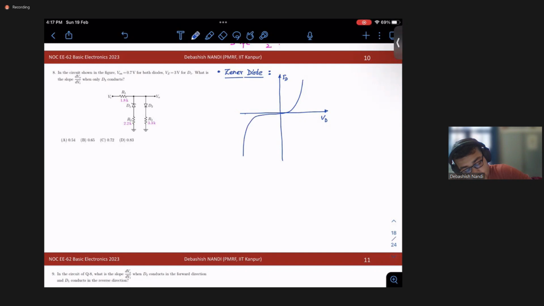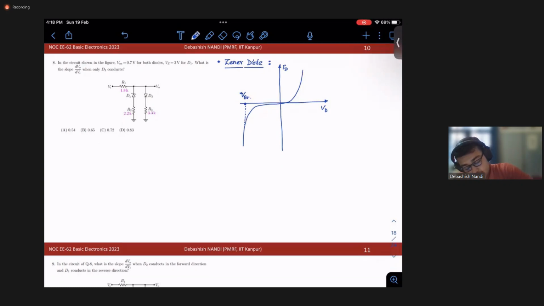This is the reverse bias region, and around this point we tell that this is the VBR, breakdown voltage. The diode breaks down because the junction breaks down and a high amount of current flows.